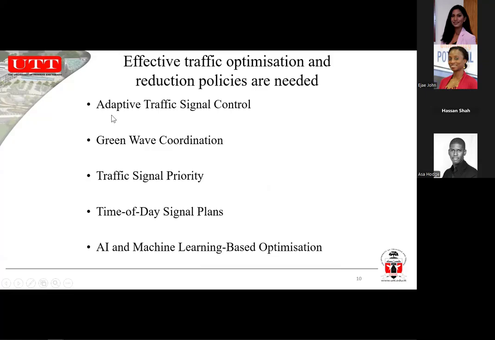So the high beta in the real world can represent the following. So we have adaptive traffic signal control, which goes together with AI and machine learning based optimization.